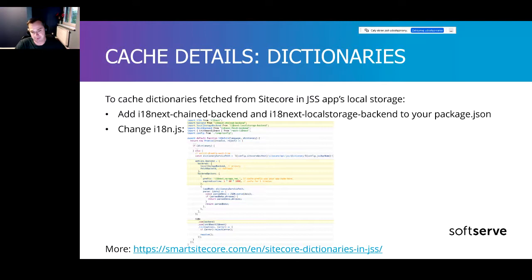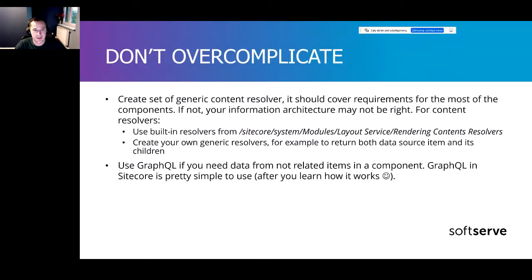It doesn't make sense to call an API just to fetch data which is almost in every case very static. So we just put this data in the browser local storage and cache it for a few minutes, or for 10 minutes or whatever. And again, you can go to my blog to check the details of how we did it.